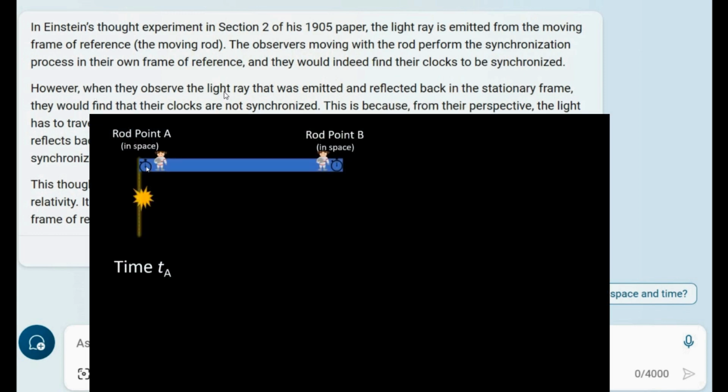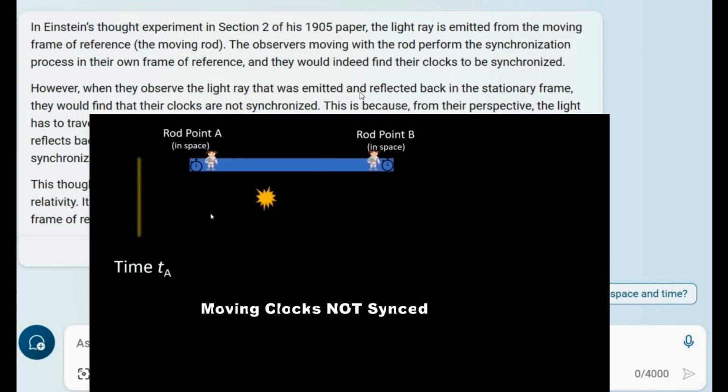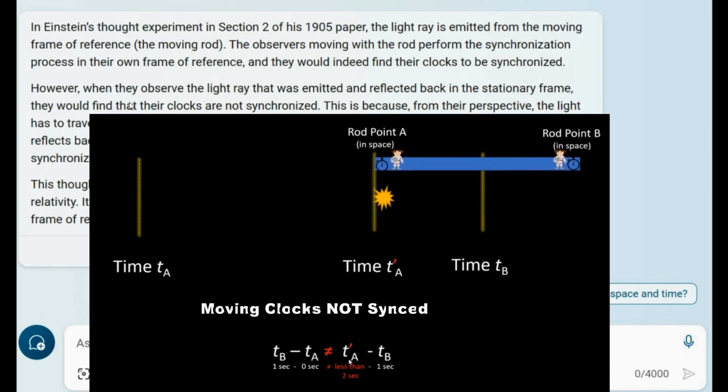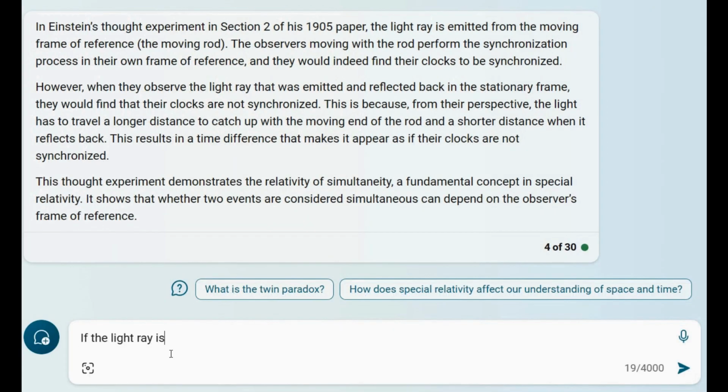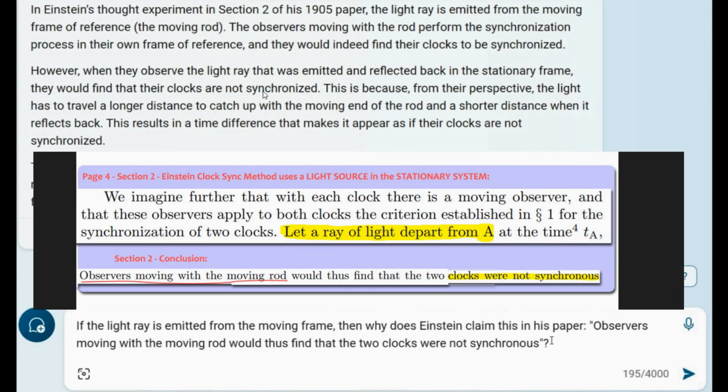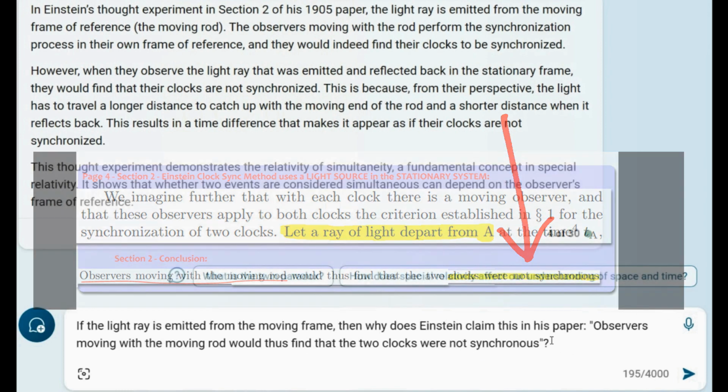However, when they observe the light ray that was emitted and reflected back in the stationary frame, they would find that their clocks are not synchronized. So it's starting to figure this out. Now the AI recognizes that if the clocks aren't synced, then the light ray must be in the stationary frame. And we'll ask it why it's conflicting with Einstein's statement.